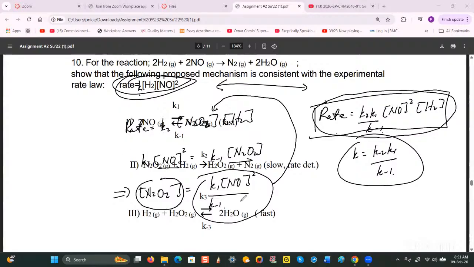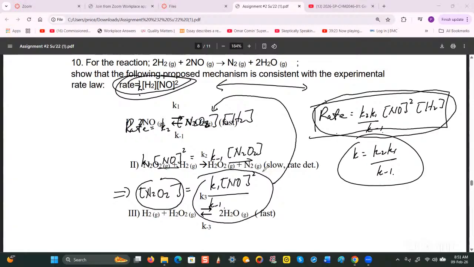I have a question. Yes, ma'am. So we don't do anything with the third equation? No, just the first and second. Exactly. The main reason is that the rate determining step comes before the last equation. So it doesn't matter what the speed of the reaction is in the case of the last equation, because that reaction is faster compared to the rate determining step.